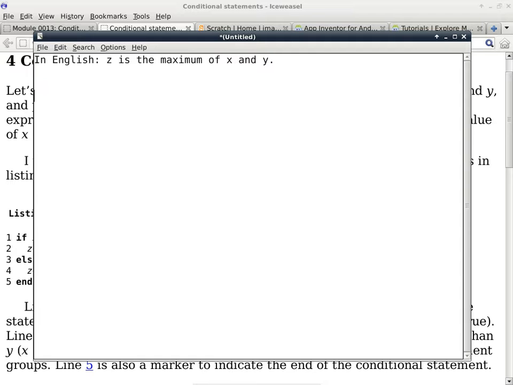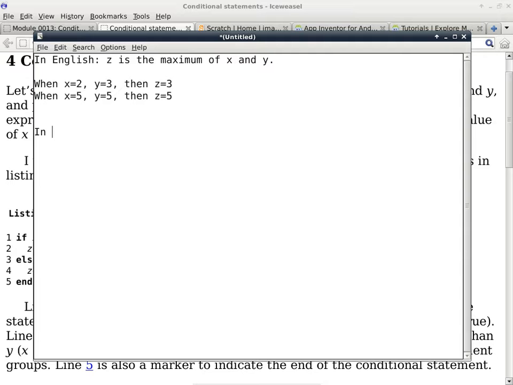I can give you an example. When x equals 2, y equals 3, then z should be what? Should be 3. Okay, that's right. When x is 5, y is 5, what should z be? The maximum of 5 and 5 is 5. So we know what that maximum means.